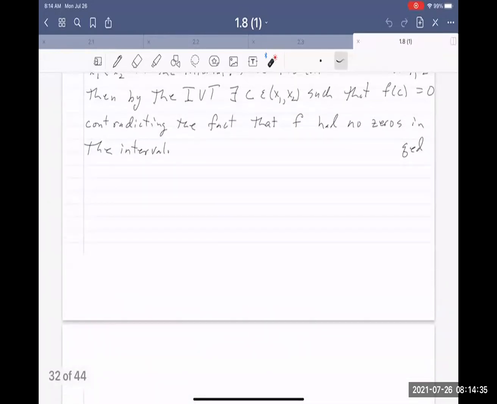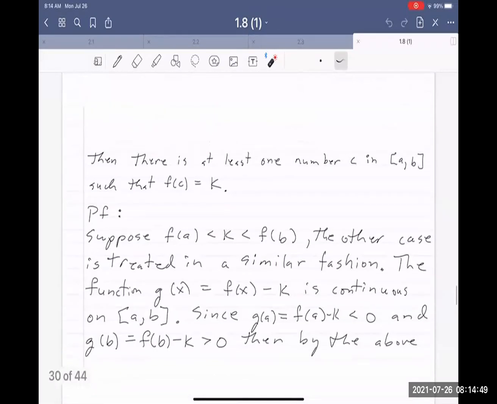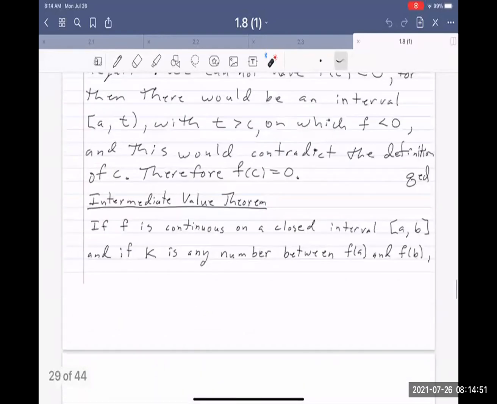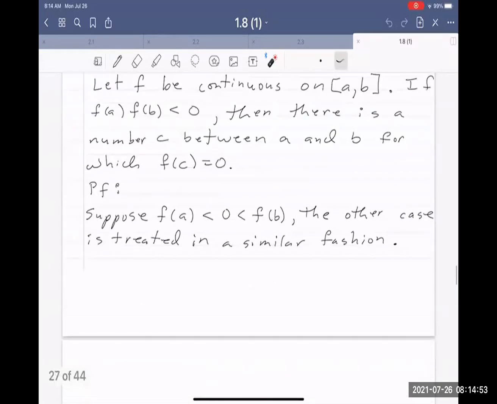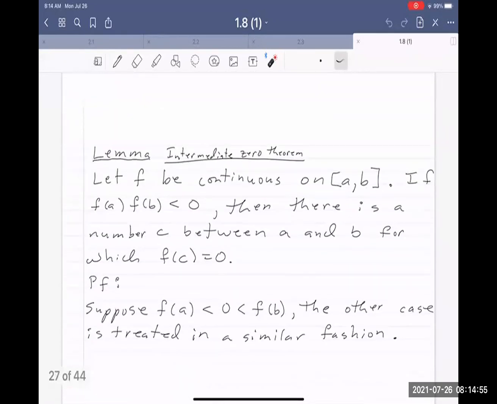Okay, so just note that all of these statements have really to do with the intermediate value theorem, the intermediate zero theorem.